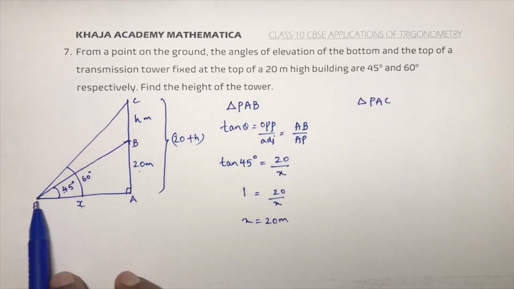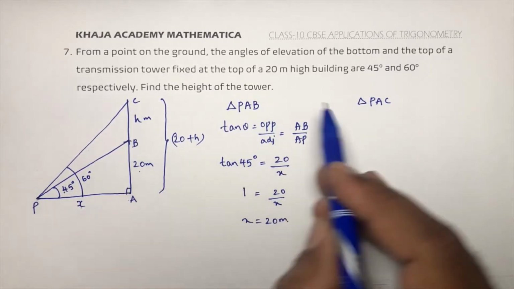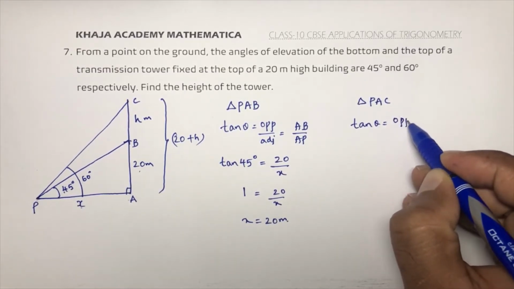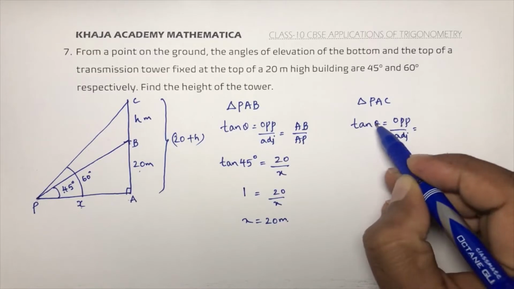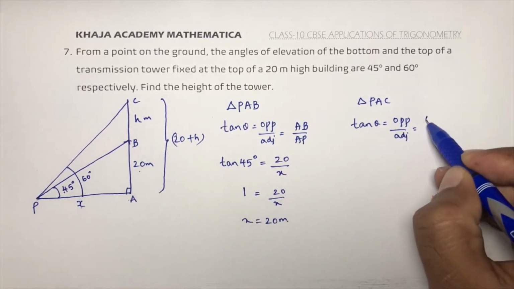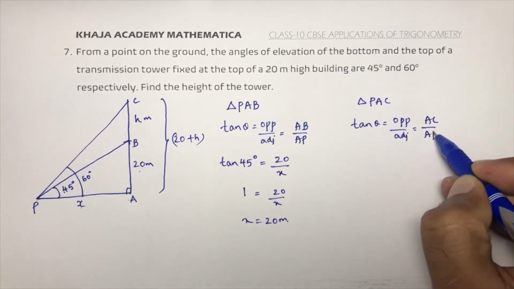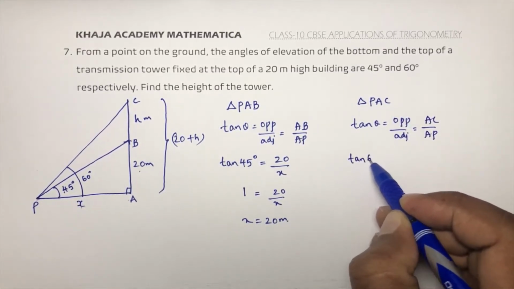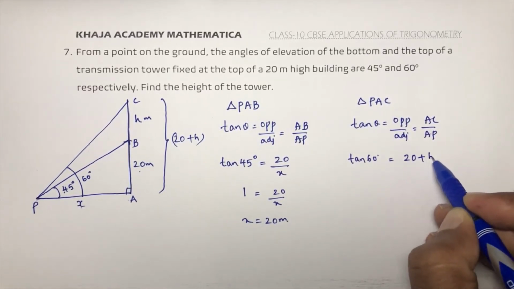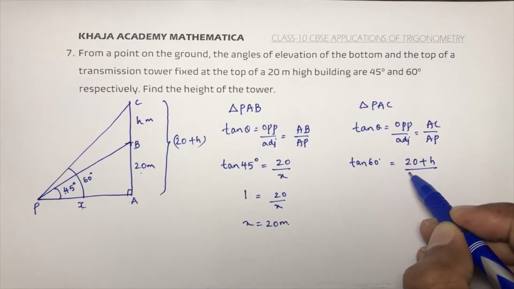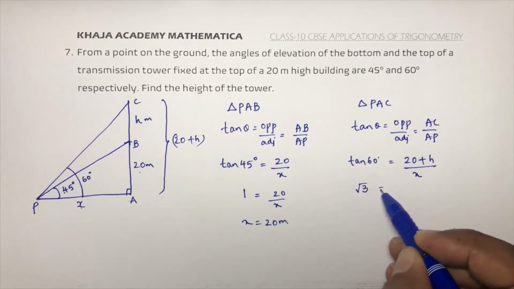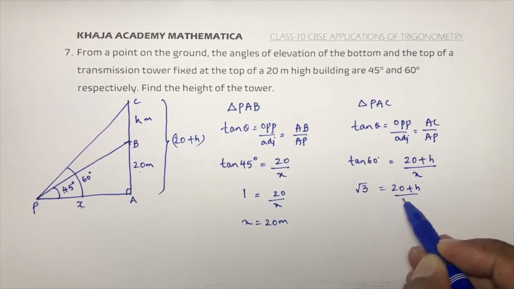Now in triangle PAC, tan theta is again opposite by adjacent. In this triangle PAC, if I take theta as 60 degrees, opposite will become AC, adjacent is AP. So tan 60 equals AC, which is 20 plus h, by AP, which is x. Tan 60 is root 3, equals 20 plus h by x.